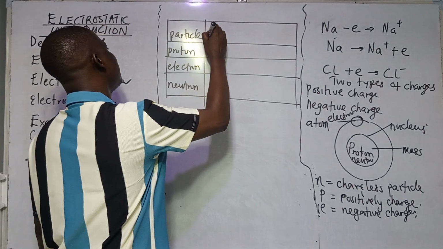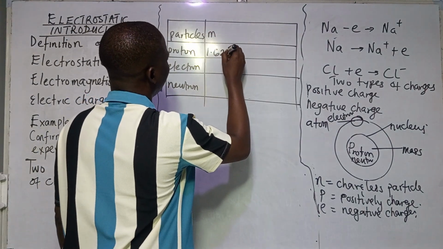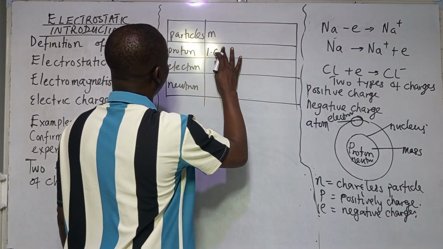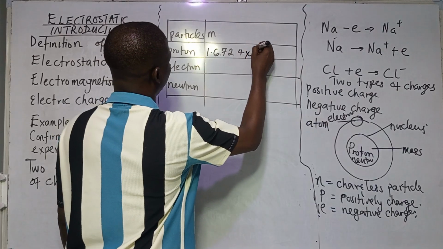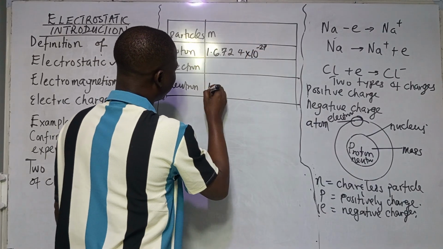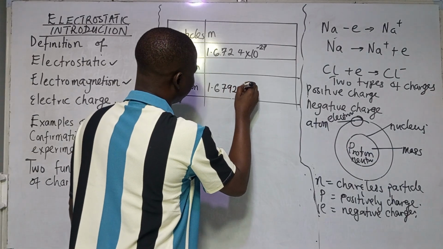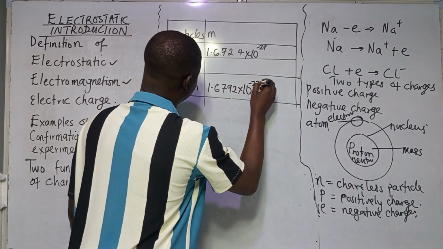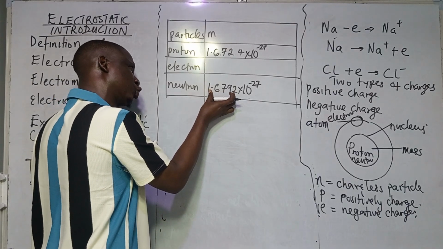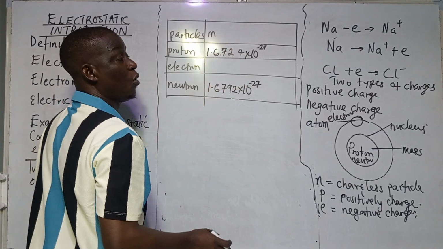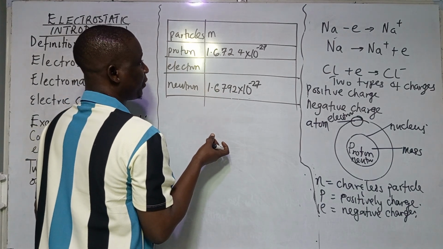Now, don't forget that the mass of proton is about 1.6724 thereabout times 10 power minus 27 kg. The mass of neutron is 1.6749 something times 10 power minus 27. Take note of that, the most important, they will always give it in your exam. In this case, the mass of neutron is higher than the mass of proton by some fraction.